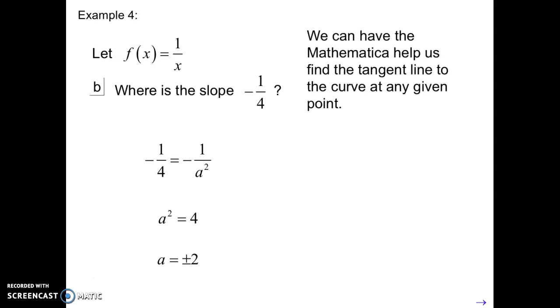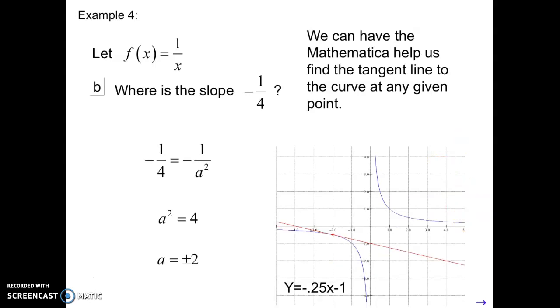Now, we can have Mathematica help us find the tangent line to the curve, and we'll do a little bit of this in class when we have a chance to show how the tangent line can be drawn to the curve, although you have done a little bit of this in the manual already too.